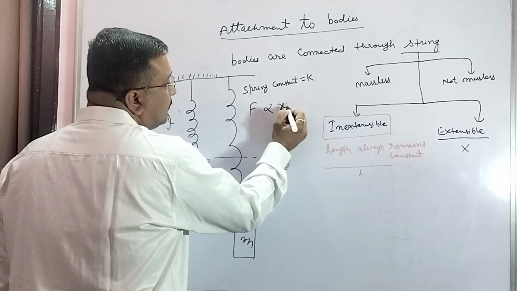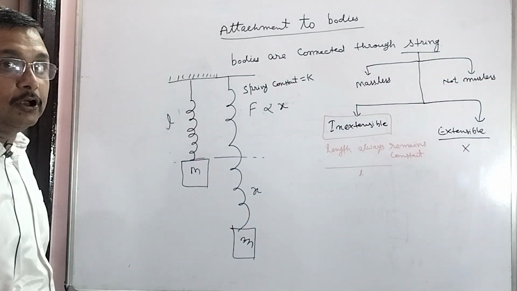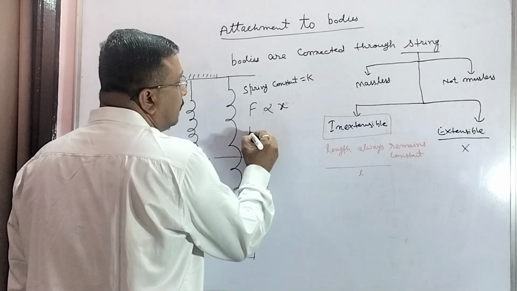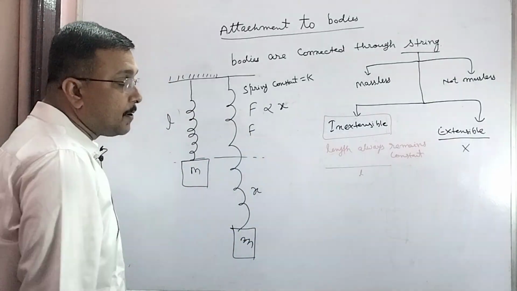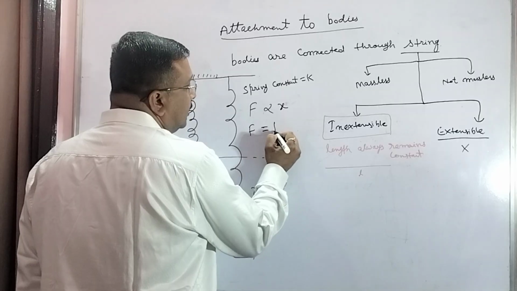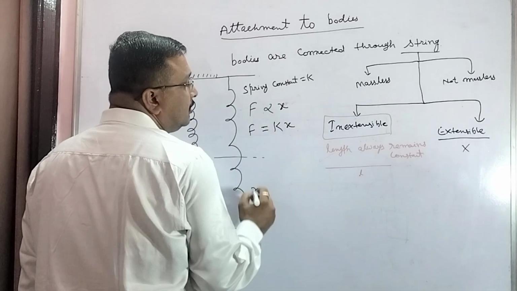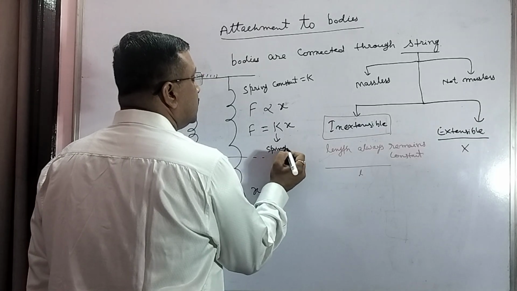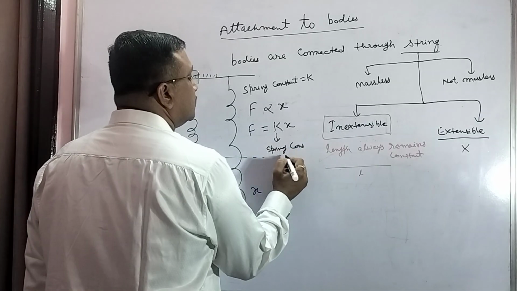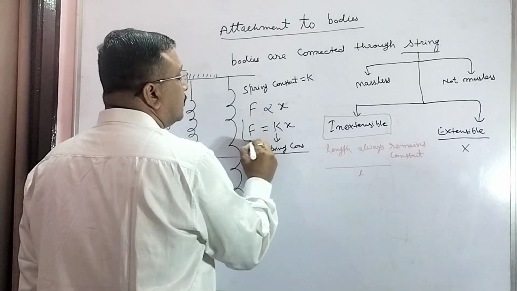This is extensible length x. So now the spring force F, if we remove the sign of proportionality by the equality, there will be a constant, proportionality constant, that is known as a spring constant.